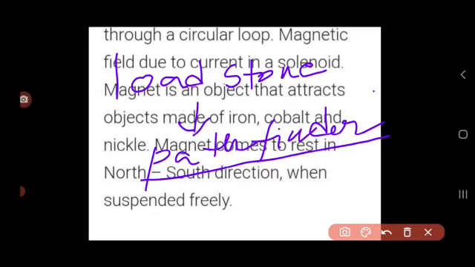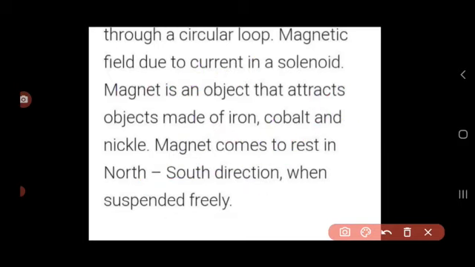Artificial magnet is man-made magnet. Means this magnet is developed by ourselves, and this artificial magnet comes in different shapes.